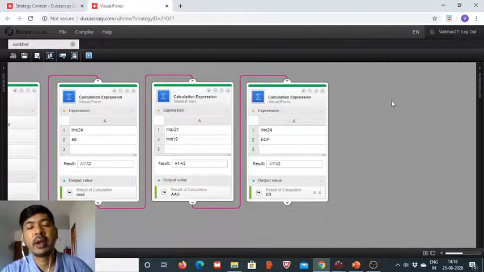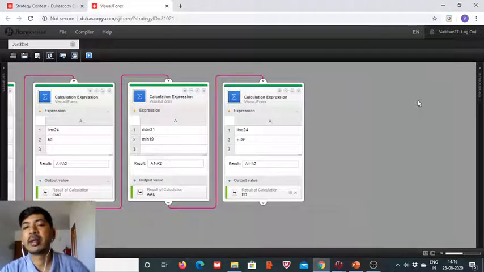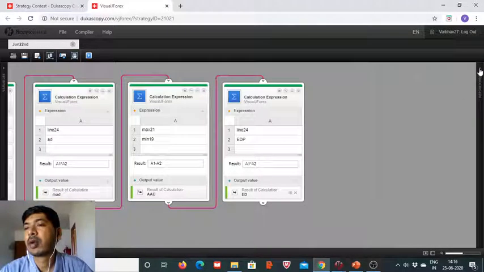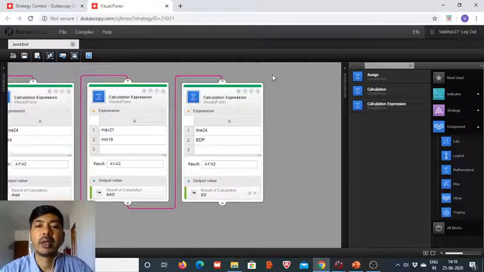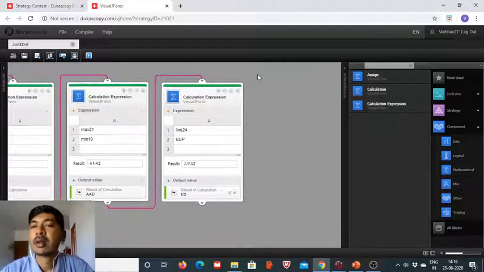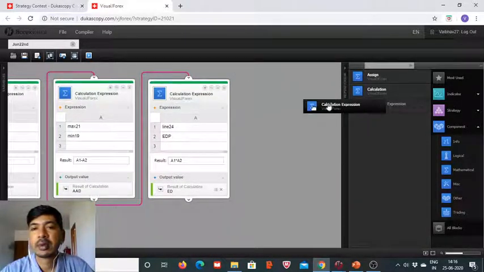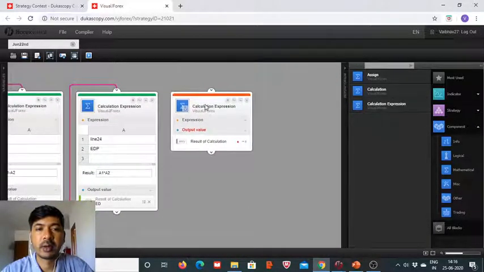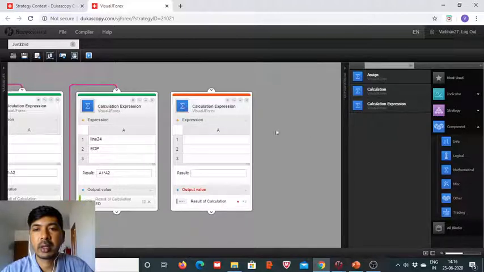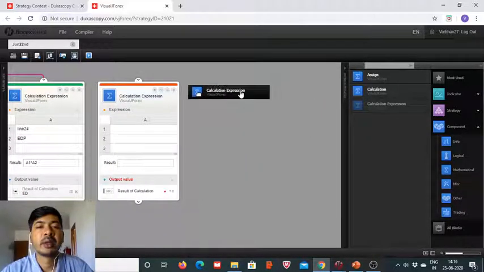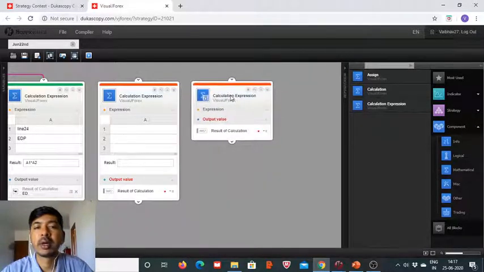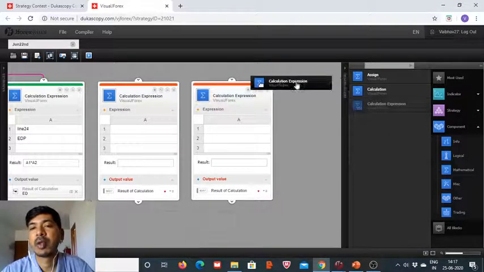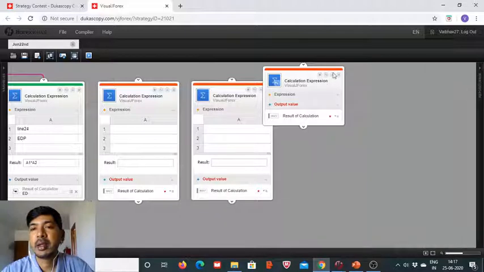now we have to start defining the entry point and the exit points, and also the order validity time. So for us, the entry point is going to be from, so we do the calculation here for the limit order entry, and as I said, we are going to need three calculation blocks, one for defining the buy side, one for defining the sell side, and one for order validity.